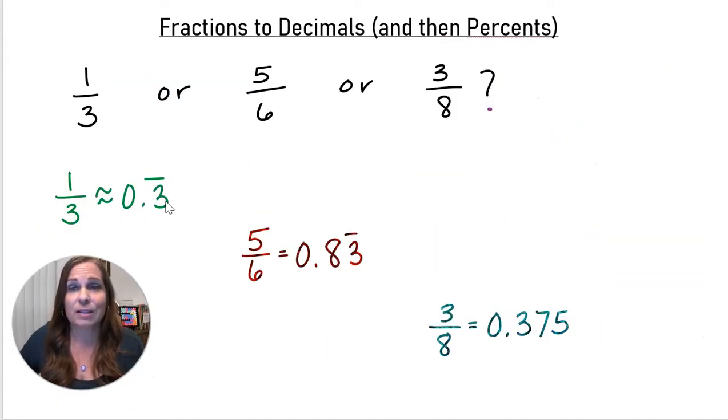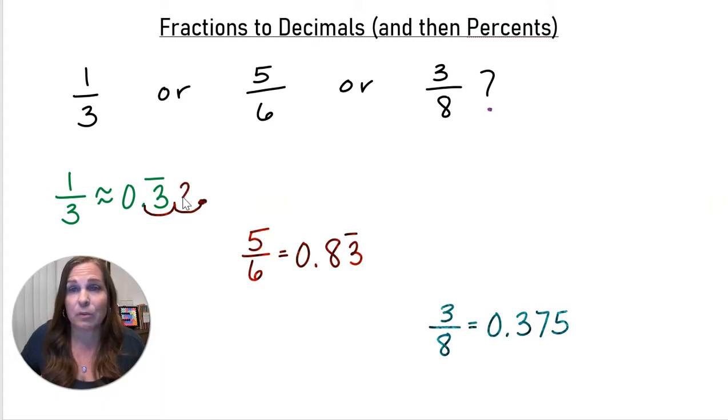Let's take a look at these last 3 decimals that we did the division for, and we got 2 repeating decimals and a terminating decimal. So for this first one, 1/3 was equal to 0.3 repeating. If I move my decimal 2 places to the right, well, I've got to fill in, right? I can't just put an empty space. And this 3 repeats in this number.